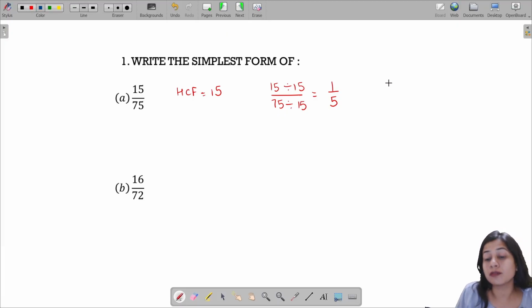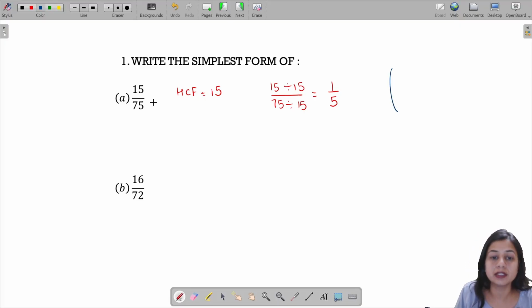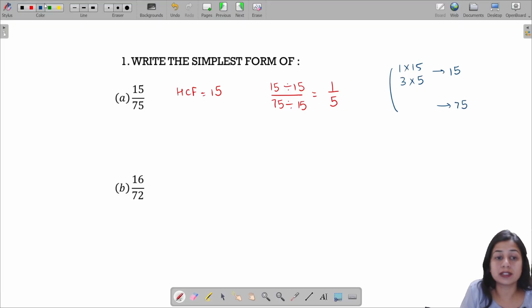If anyone wants to know how I found the HCF, I'll quickly write it here. The factors of 15 are 1 into 15, 3 into 5. So the factors were 1, 3, 5 and 15. Right? These were factors of 15. Talking about 75, let's write the factors. 1 into 75.